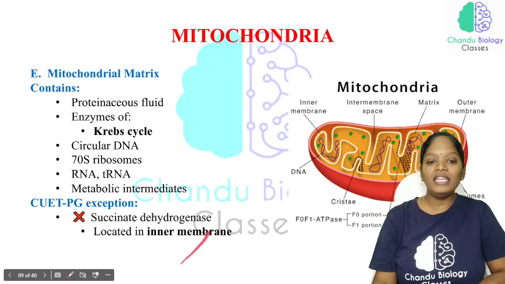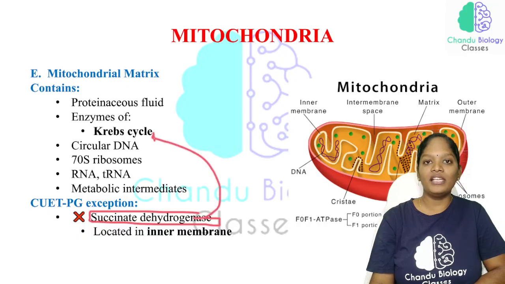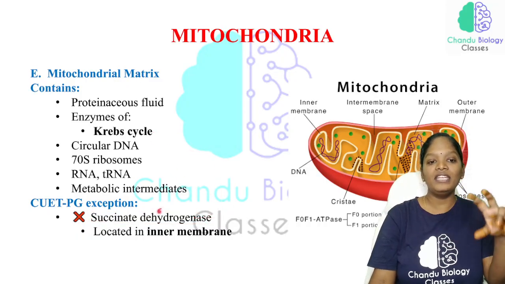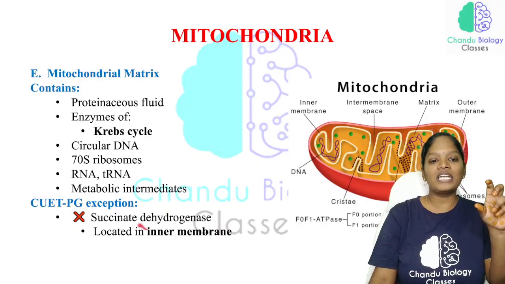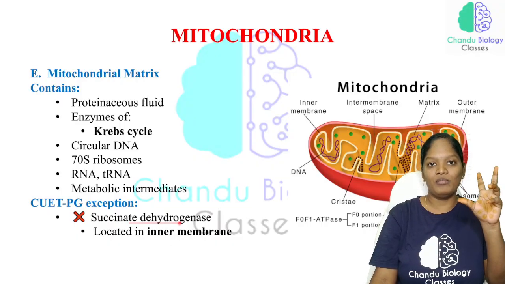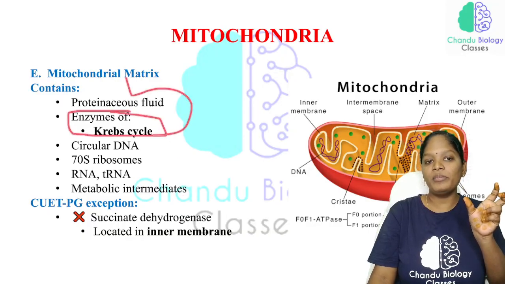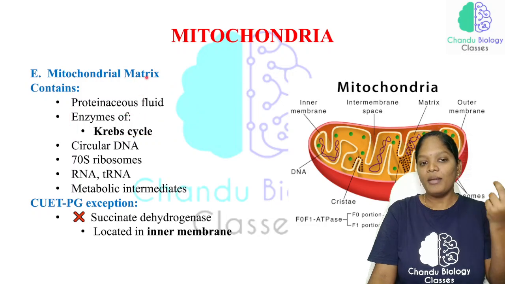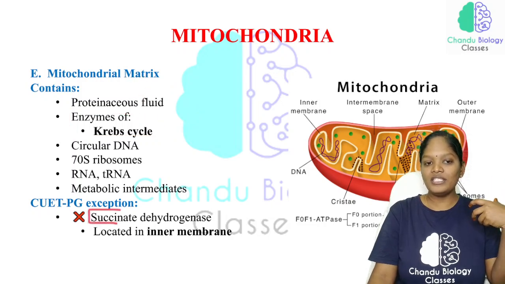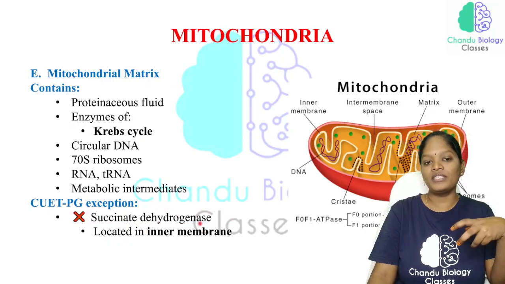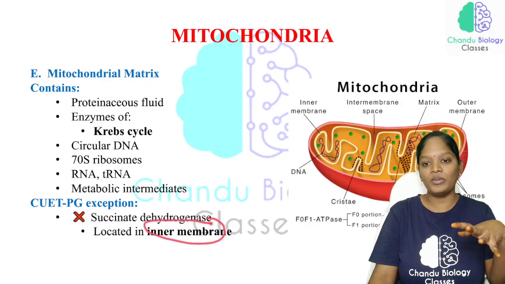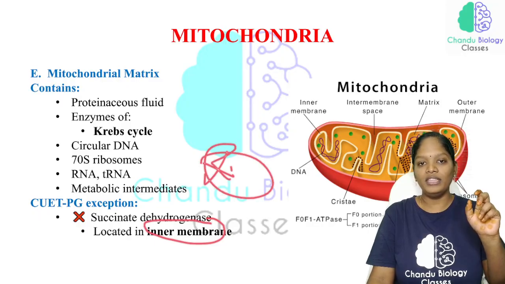Succinate dehydrogenase is an enzyme required for the Krebs cycle, for one conversion we need the succinate dehydrogenase complex. But this enzyme will be present in the inner membrane. So this is an important thing, right?